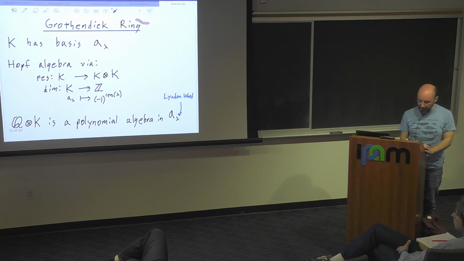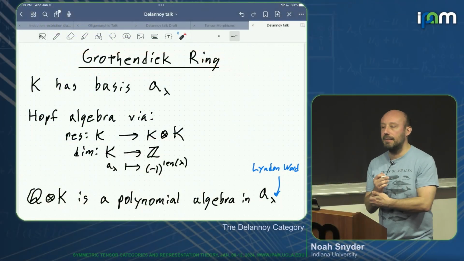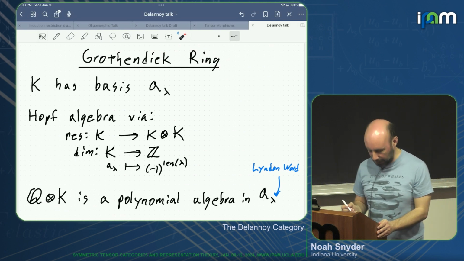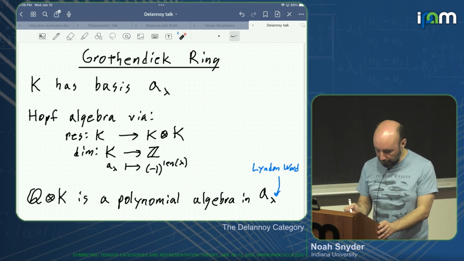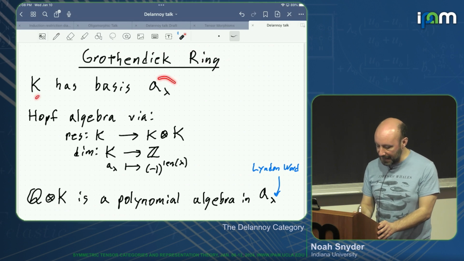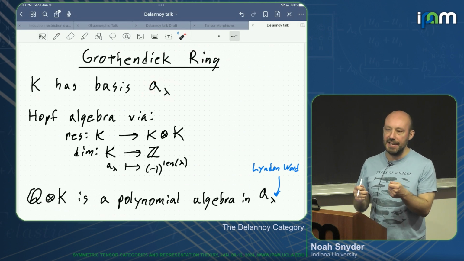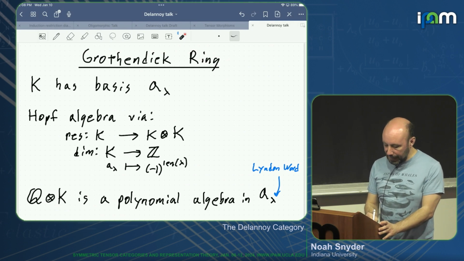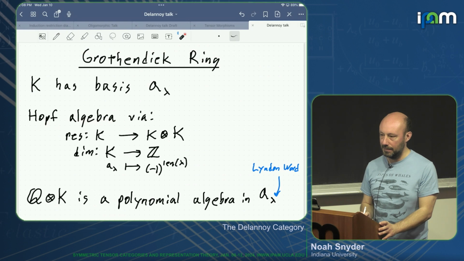Okay, so we can say a lot about the Grothendieck ring. Of course, as I said, we told you the fusion rules, so you know the Grothendieck ring, but maybe I will say a few facts about it. Of course, it has basis A lambda. These are just the elements in the Grothendieck group corresponding to L lambda. It actually is a Hopf algebra using restriction as your coproduct.